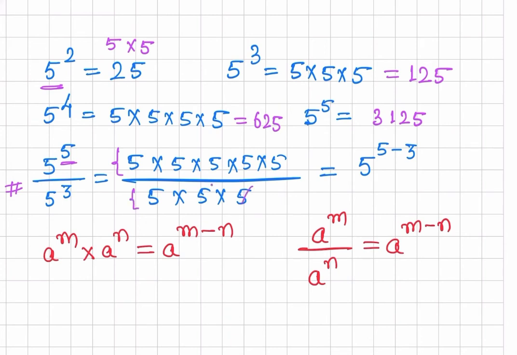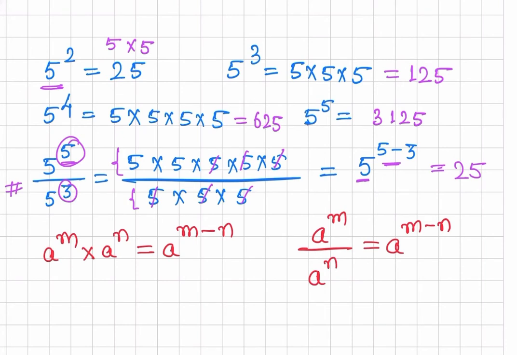Just cancel the common numbers. So you will just get 5 into 5, which is 25. Or you can write this as 5 raised to 5 minus 3.